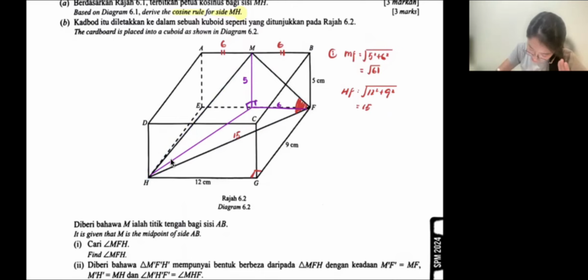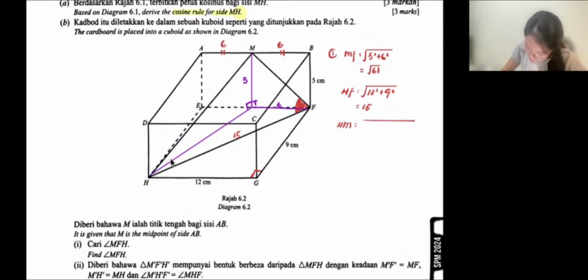So basically, you have 5 over here, right? Then can you find out this line over here? This line is the hypotenuse of this triangle. You see or not? Hypotenuse of this triangle.